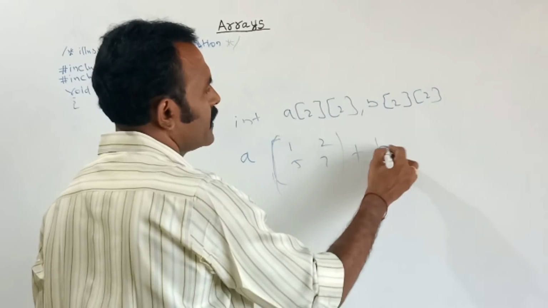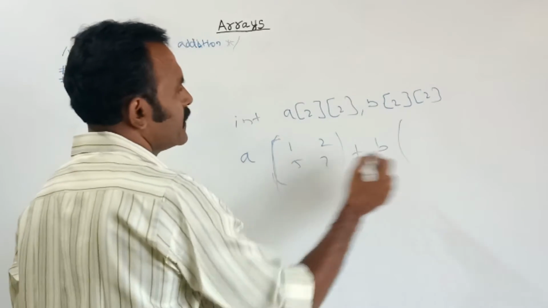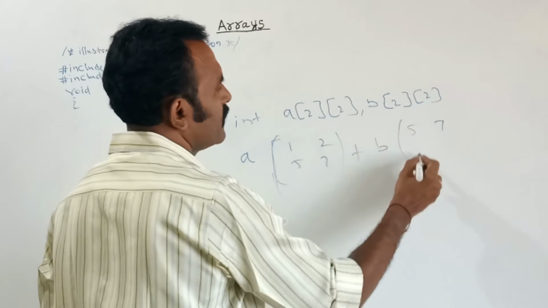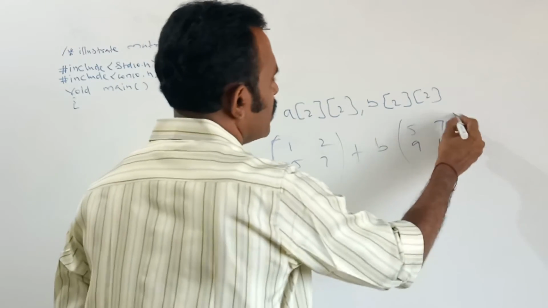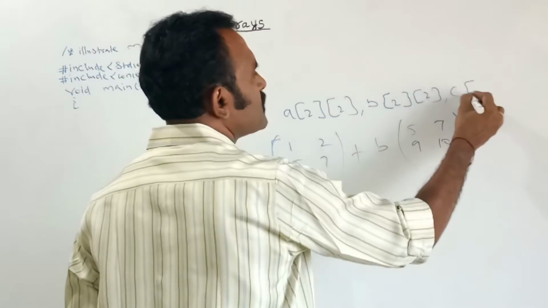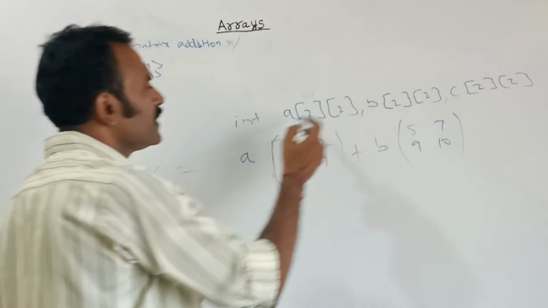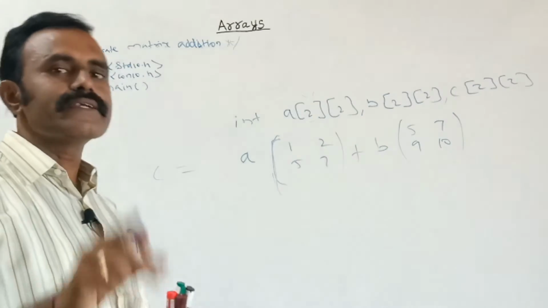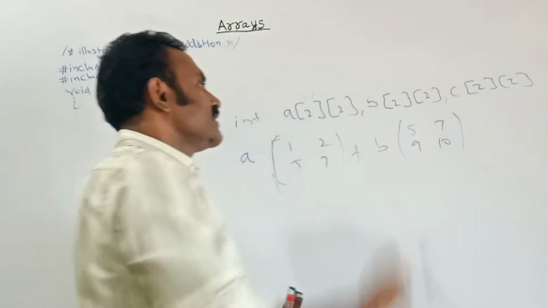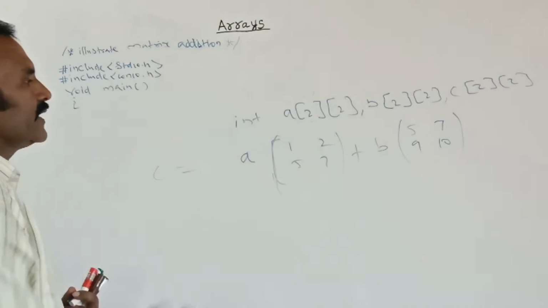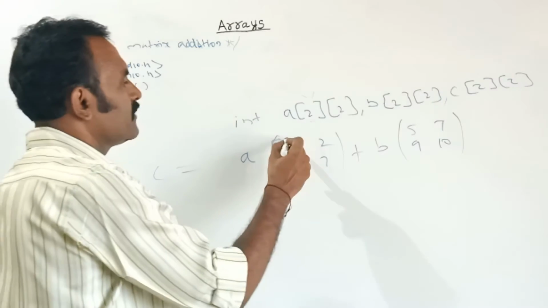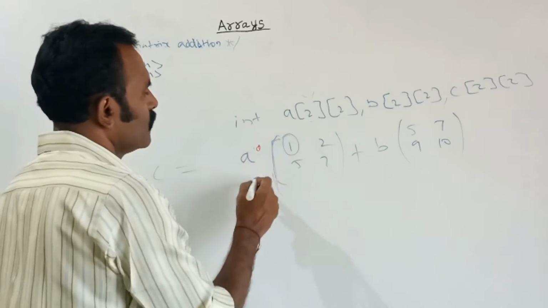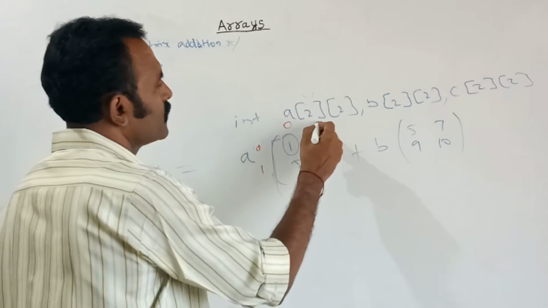Plus, if I am adding B, suppose it contains the values 5, 7, 9 and 10. Here I declare another variable C of 2, 2. I am going to add the A and B values and store that result inside C. So here C is equal to A plus B. That means 0th row, first column, also 0 and 1.